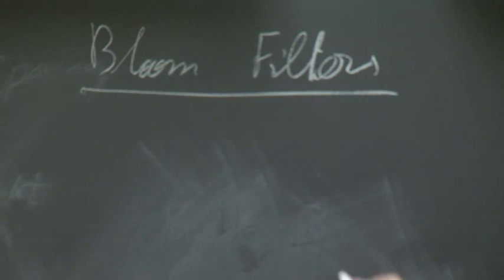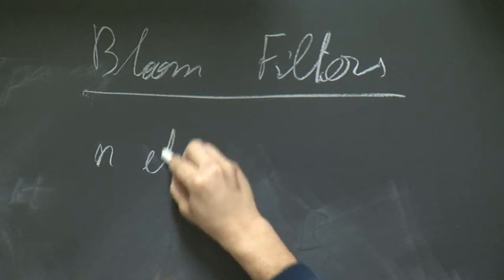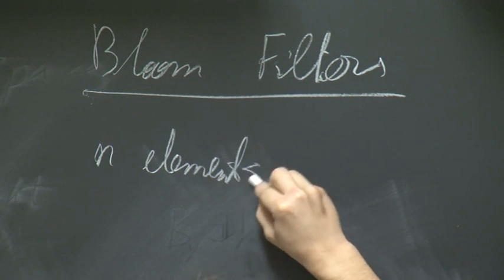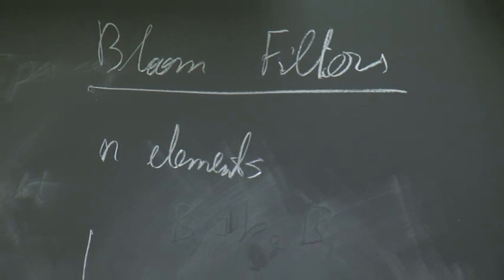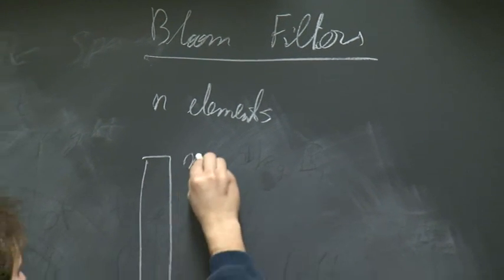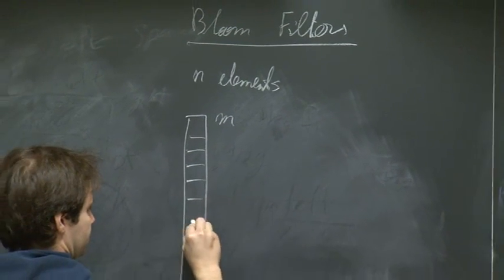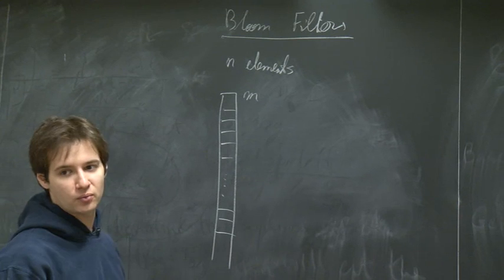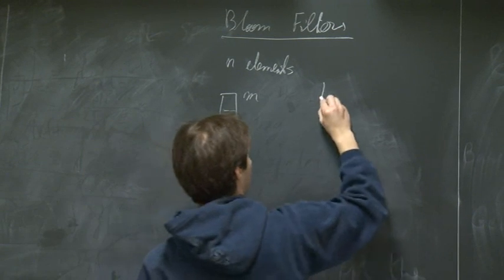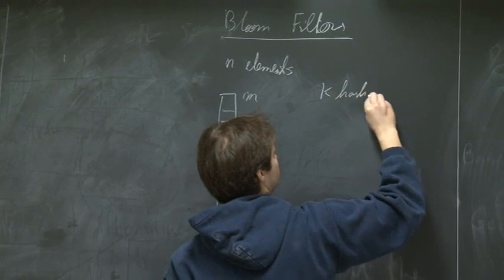For Bloom filters, we still have n elements, and we still have a table of m bits. What changes this time is that instead of one function, we have k hash functions.